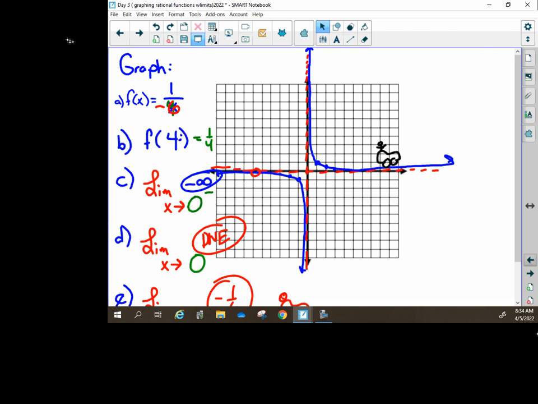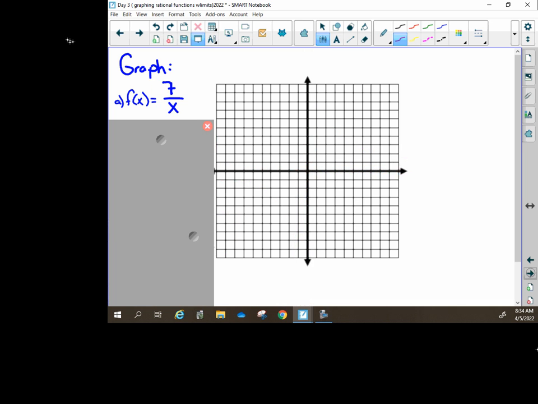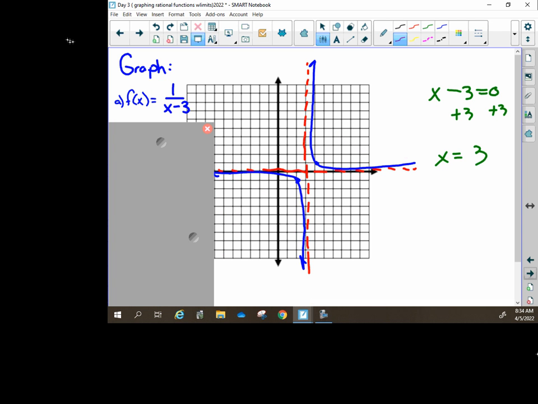If I change this to 7 over x, a stretch is going to make this graph do that. So you draw the parent in there, and then you do that right there. That's what that graph does. This one right here moves it left or right, the bottom does.